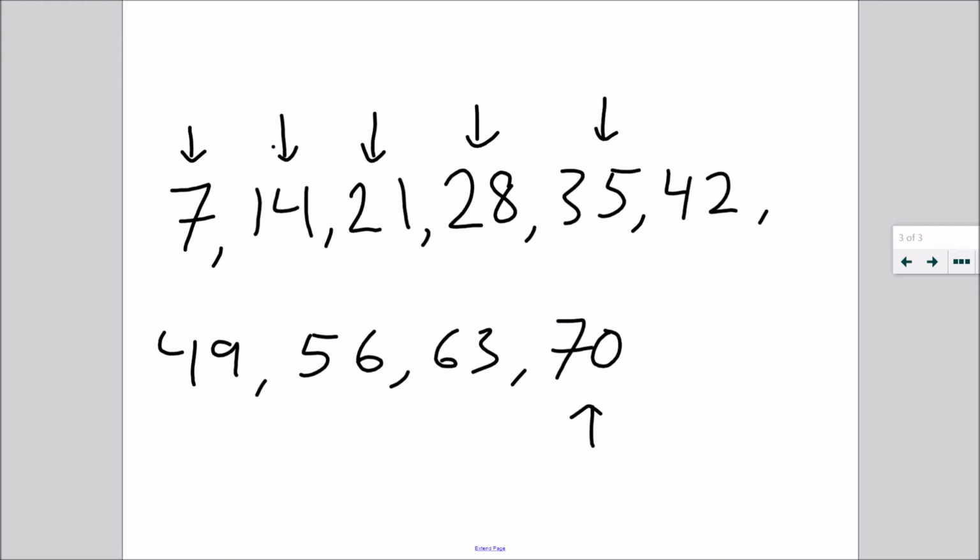Now, the fifth multiple is the fifth one in the list, 35, which is multiplied by 5. The fifth multiple of 2 is 2 times 5, 10. So the fifth multiple of 7 is 7 times 5, 35. Going back to our fractions, let's see how this all comes together.